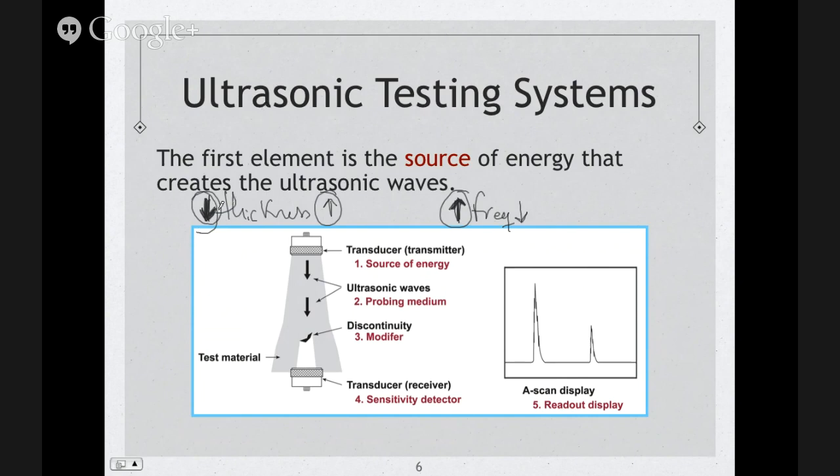We want to protect that crystal, and instead of doing contact testing, in which you're sliding your transducer back and forth, to protect this crystal you put it in an immersion system, in which you have water, and you just put that transducer in water. Now there are other reasons why we use immersion testing, but that's also one of them, when we go to very high frequency transducers and our crystals are thin.